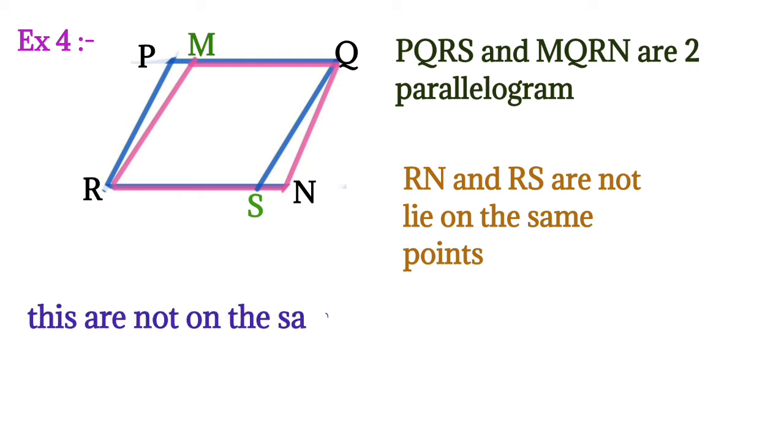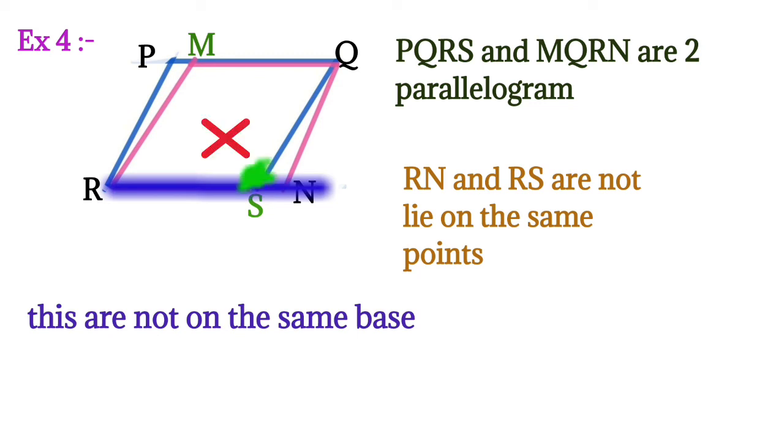Compulsorily the two points should coincide on the same base. Here R, N, S, three points are there, three vertices are there. But we need only two vertices for a common base. So we cannot say these figures lie on the same base.